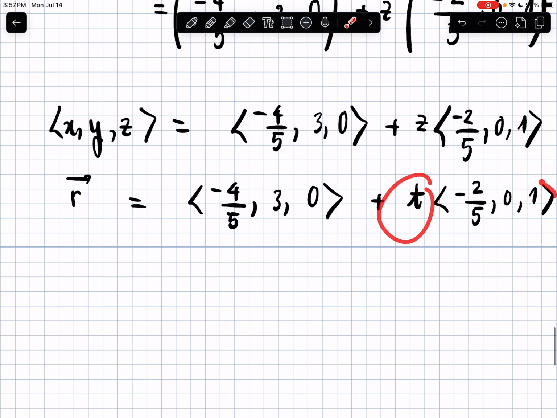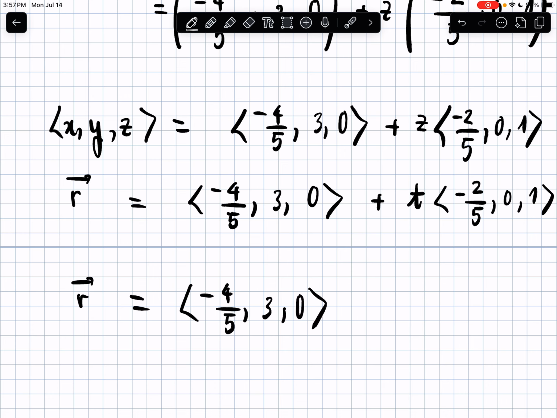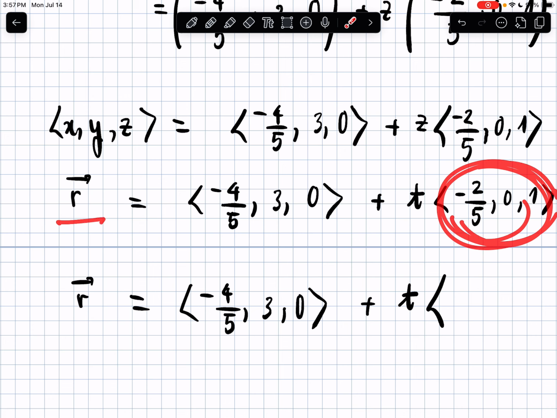We can make it nicer if we want. For example, r equal to minus 4 by 5, 3, 0, and we can choose the direction. The line is parallel to this vector, so we can choose this vector differently.